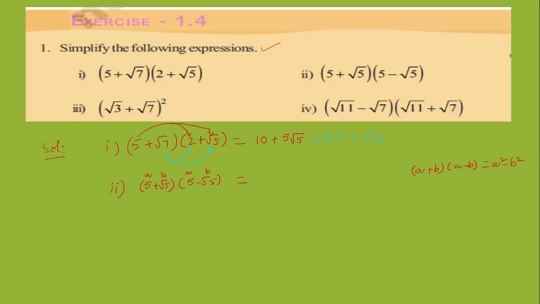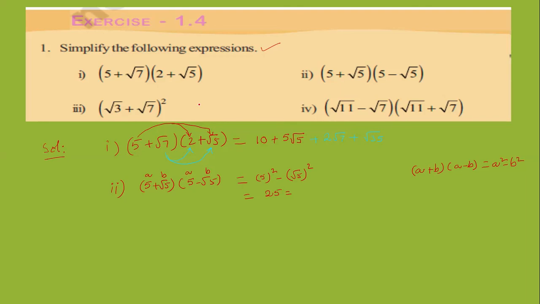You observe both the same terms are there in the two binomials. Then here a means 5. Then you write 5 square minus root 5 whole square, that is a square minus b square. Then what do you get? 5 square means 25.